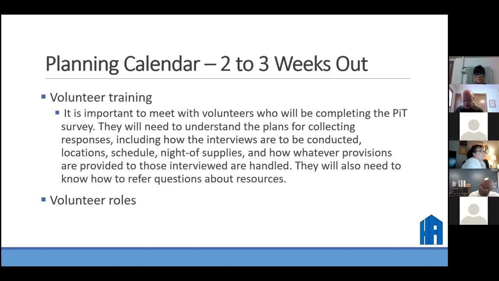They'll need to understand the plan for collecting responses, including how the interviews are to be conducted, location, schedule, the night-of supplies, where those are going to be, and how whatever provisions are provided to those interviewed are going to be handled. They'll also need to know how to refer questions about resources, because people are probably going to ask questions.